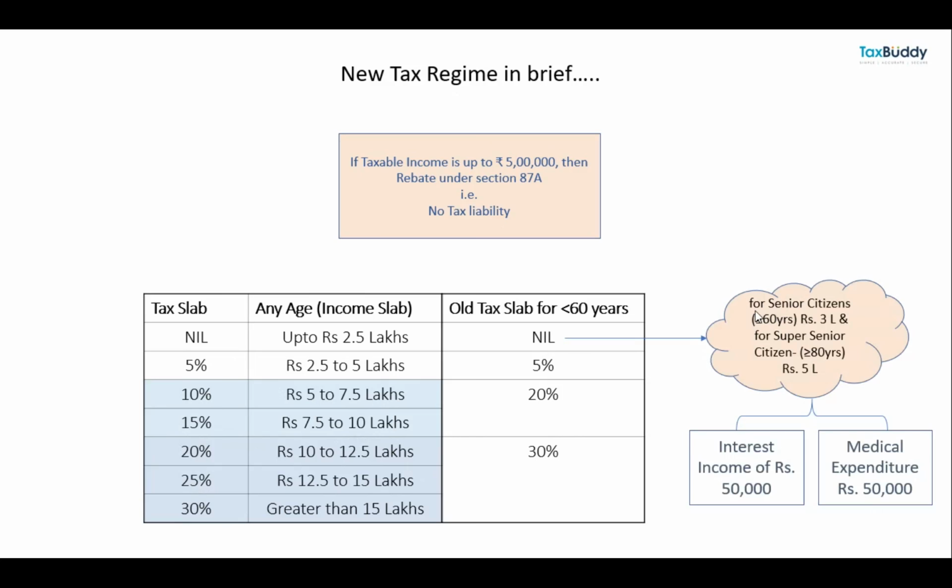Along with that, you are also eligible to get two extra deductions. First, interest income, instead of rupees 10,000, you get an extra deduction of 50,000, and medical expenditure of 50,000. But still, you need to calculate the tax liability in the old and new and then only compare which is beneficial for you.